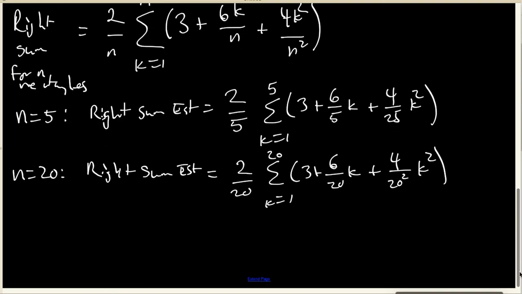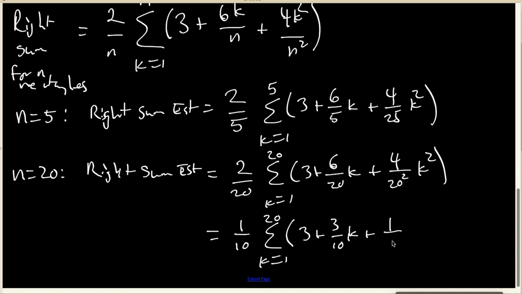I could clean this up a little bit if I wanted to. This would be 1/10 times the sum as k goes from 1 to 20 of 3 plus, 6/20 is 3/10 times k. And 4 over 20 squared is 4 over 400, so that will actually be 1 over 100 k squared.